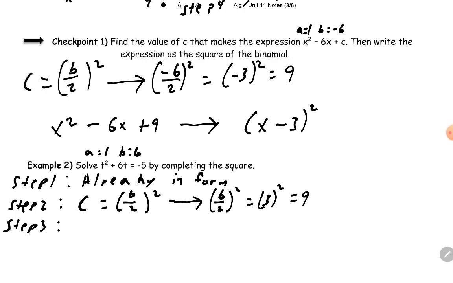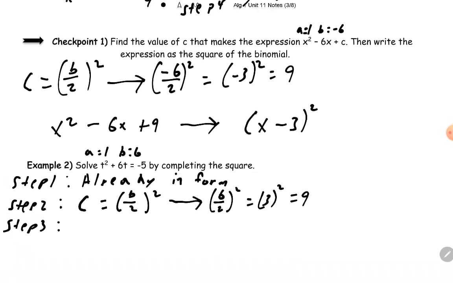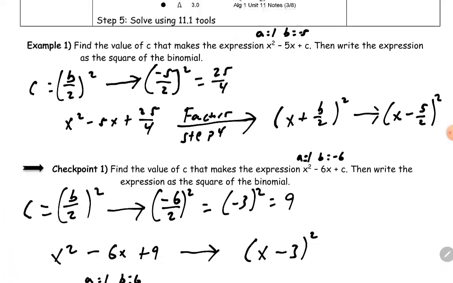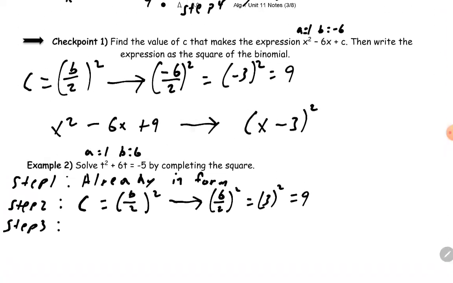Okay, step 3. In an equation, we're adding the c value to one side because we want to change the left side into a perfect square trinomial. Now, if we add this number to one side of the equation, we must add it to the other.